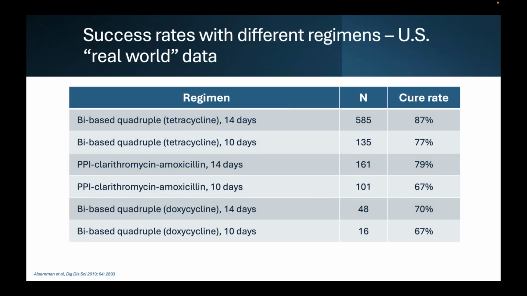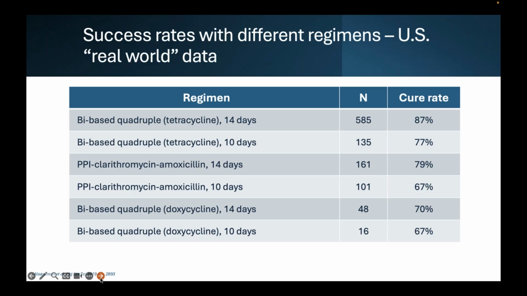Why do we recommend bismuth-based quadruple therapy with tetracycline for 14 days? Well, this table is taken from a study performed by Dr. Moss and colleagues at Brown University in Rhode Island, looking retrospectively at a large number of patients treated at their clinic. They found that bismuth-based quadruple therapy containing tetracycline for 14 days in almost 600 patients gave the highest cure rate of around 87%.